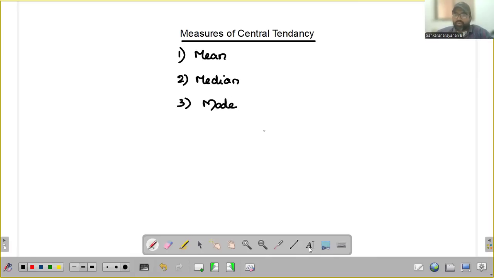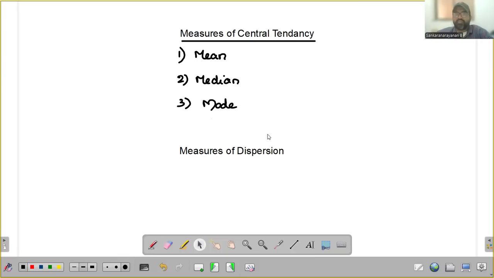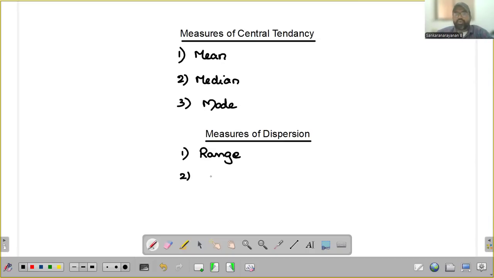And there is one more thing which you have to learn when it comes to statistics, that is measures of dispersion. Under measures of dispersion, we will be focusing on the first one, that is range, then quartile deviation, then mean deviation, and then standard deviation.